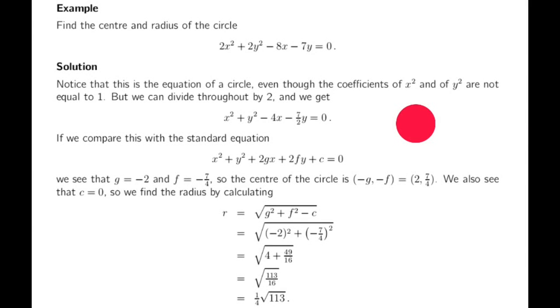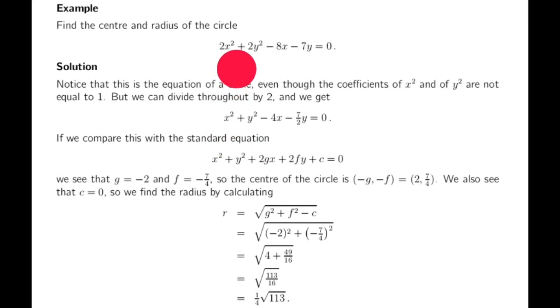Find the center of the circle 2x square plus 2y square minus 8x minus 7y equal to 0. The general equation of a circle is x square plus y square plus 2gx plus 2fy plus c equal to 0. Hence, we must make the coefficient of x square as 1 and coefficient of y square as 1.